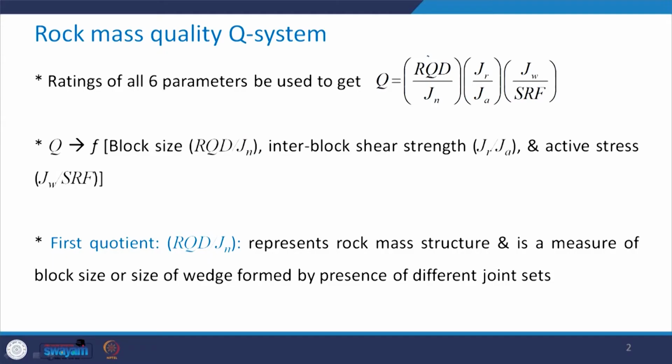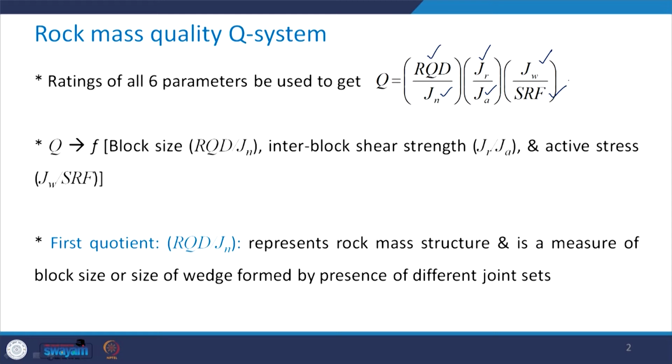then we will see how on the basis of this Q index one can define the rock mass, and finally we will see the application of this Q system. So as I mentioned, we had 6 parameters: RQD, Jn, Jr, Ja, Jw and SRF.